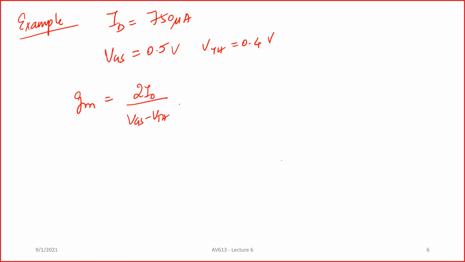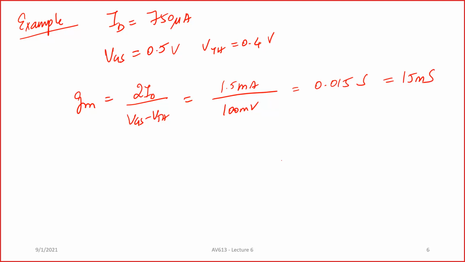So what does this turn out to be? It's 1.5 milliampere divided by 100 millivolt, right? So it becomes 1.5 divided by 100, 0.015 Siemens, right? Or in other words, this is 15 millisiemens.